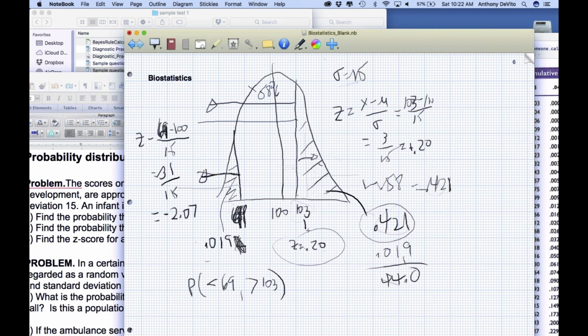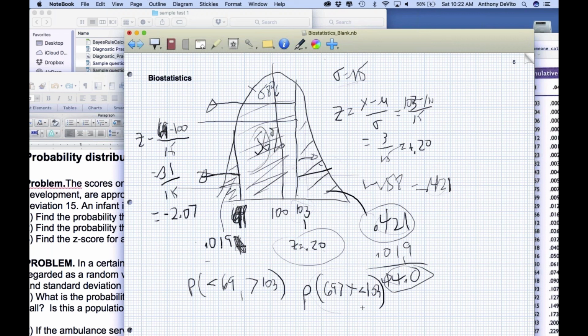Now, what if I asked you what's the probability that they're greater than 69 and less than 103? Well, that's the probability that's in the area that's left. So if 44% of the population is above or below these numbers, that means that 56% of the population is inside of these numbers, right?